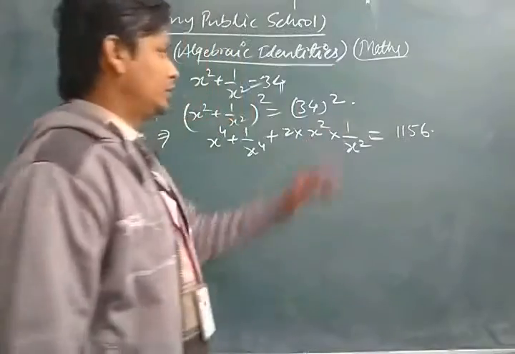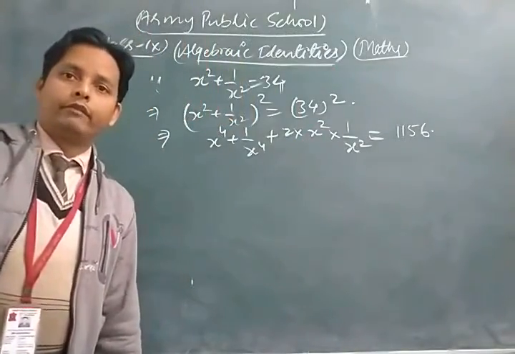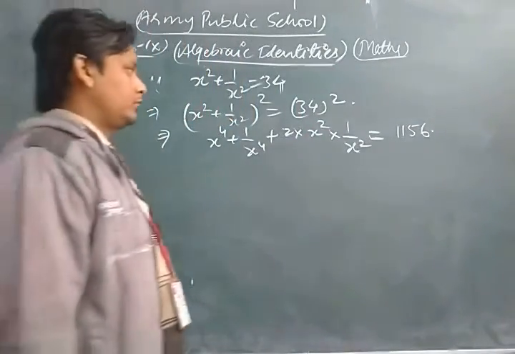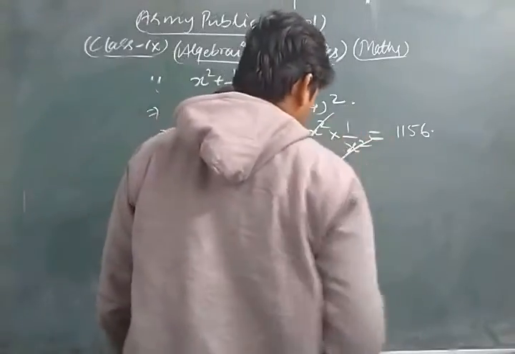The square of 34 is 1156. Now what I do? Look, from there x square will cancel each other.